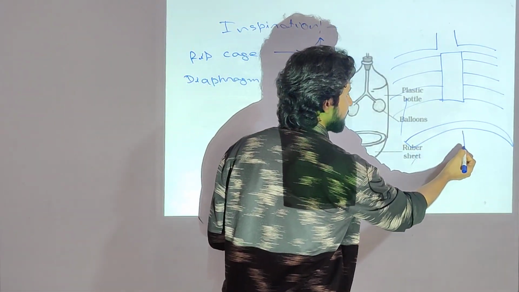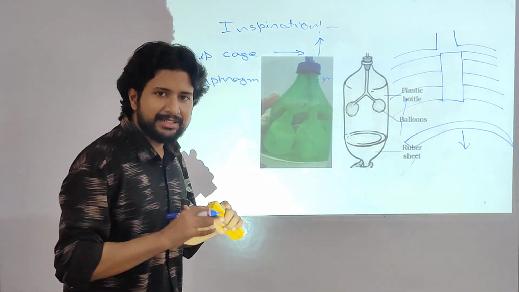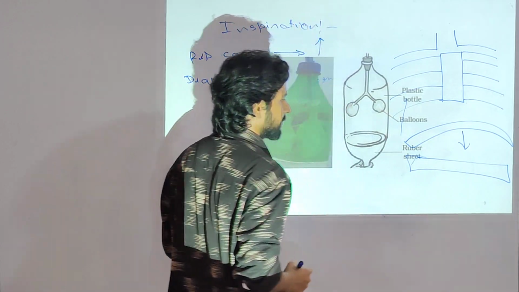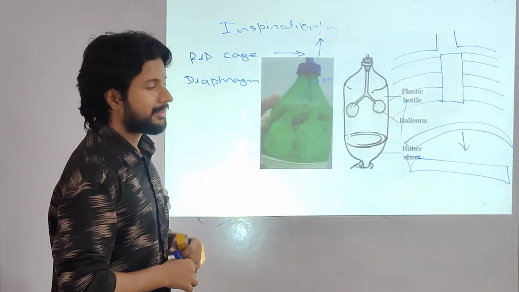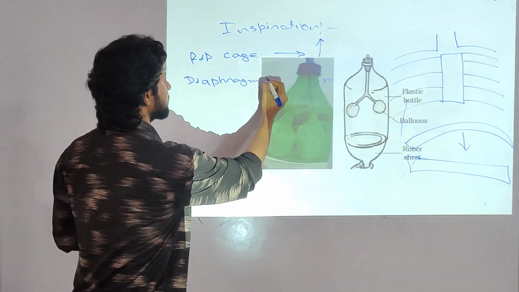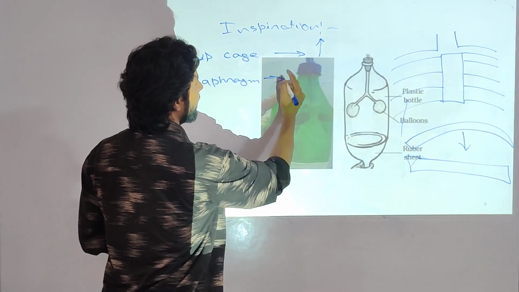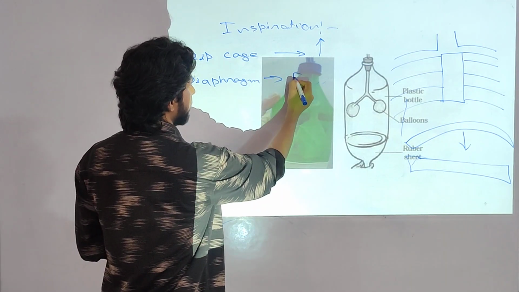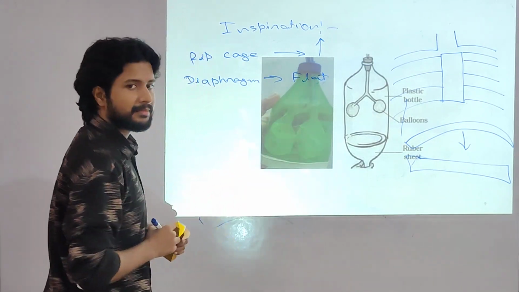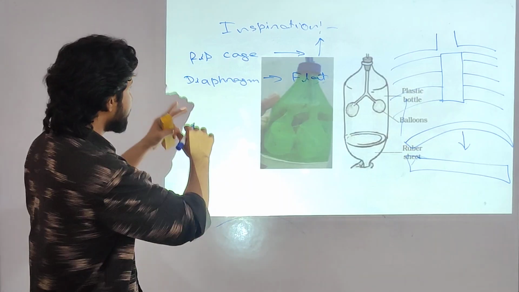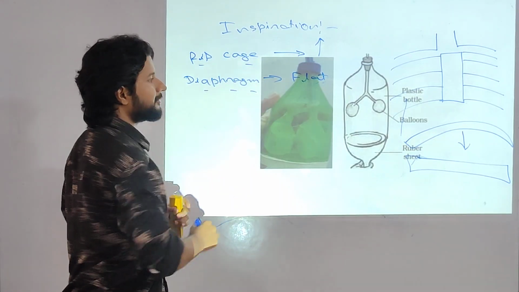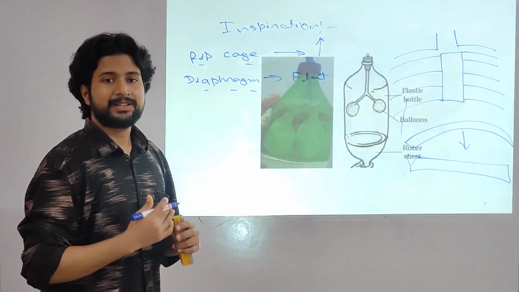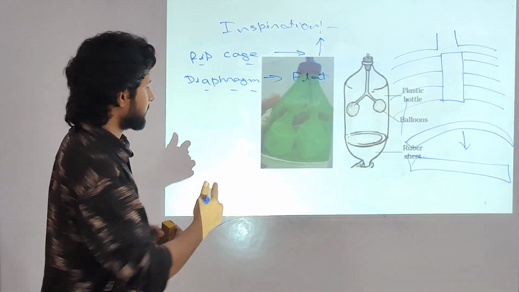Means diaphragm will shift down, it will descend down, and it appears like this. So it basically contracts and becomes nearly flat. Due to shifting of this rib cage and diaphragm, space inside the rib cage will automatically increase.